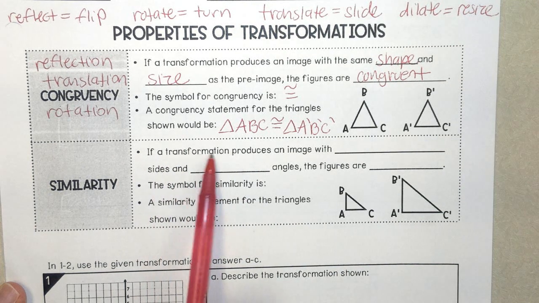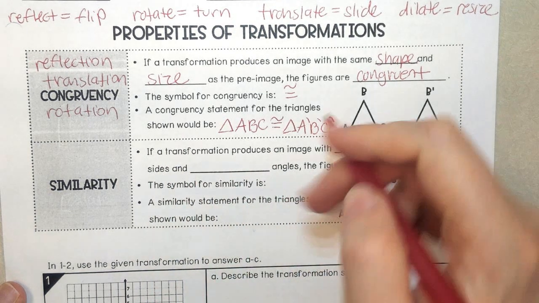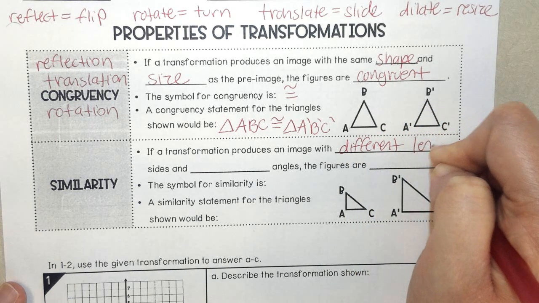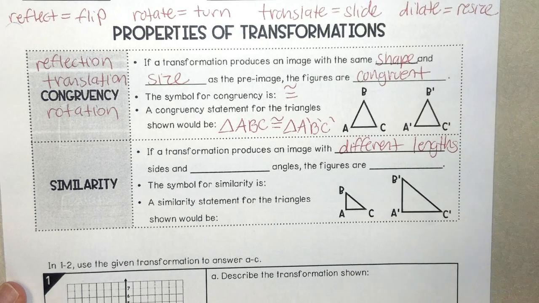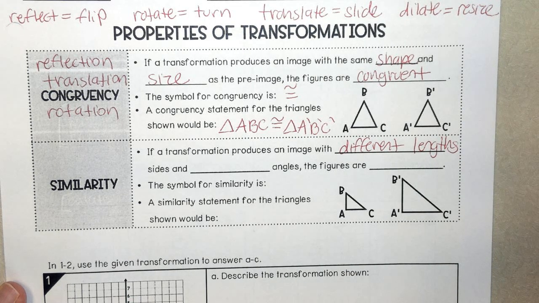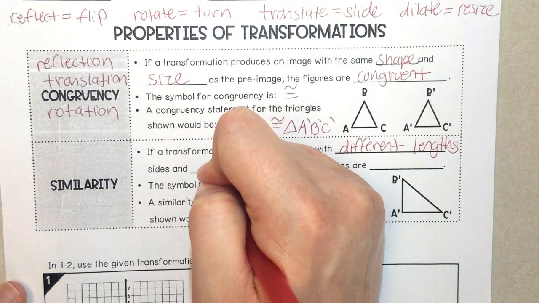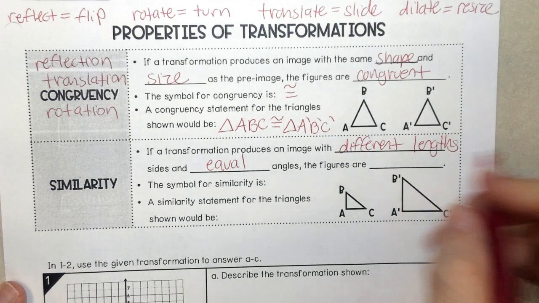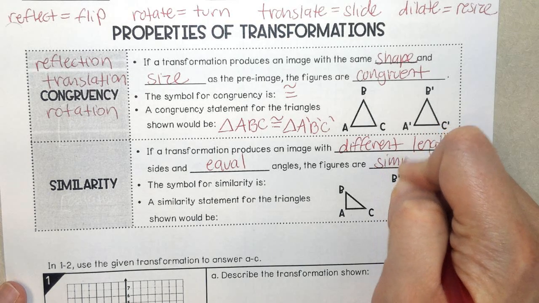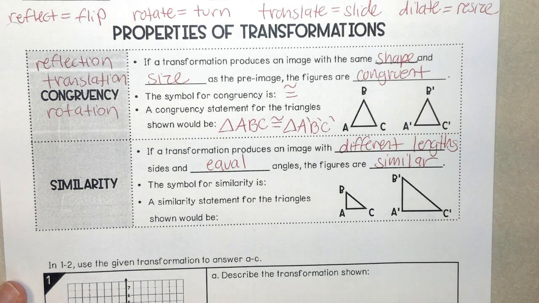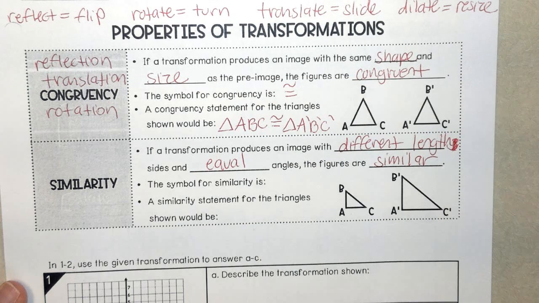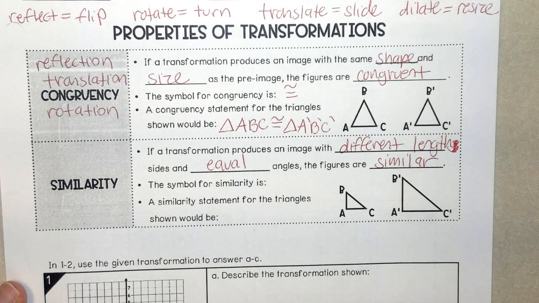So it says, if a transformation produces an image with different length sides and equal angles, the figures are similar.